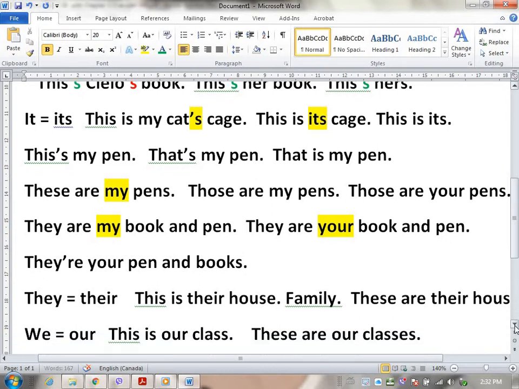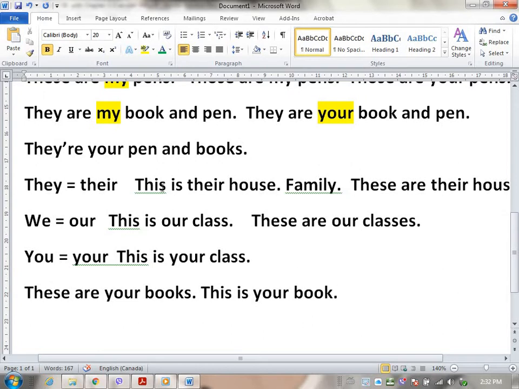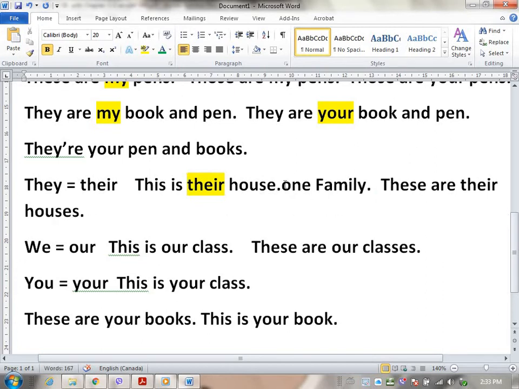Now we go with they. If the subject is they, there are two things here. I could say this is their house. It means here a group of people, maybe father, mother, two kids, they living in one house. I say, oh, this is their house. It means one house, but more than one people, maybe 2, 3, 4, 5. Because they are one family, then I could say, this is their house.